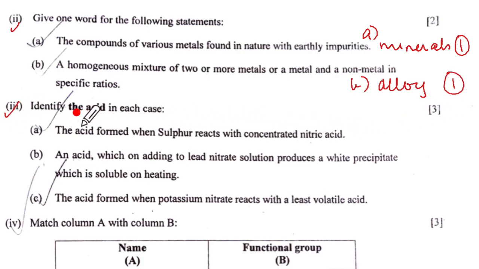The third question, identify the acid in each case. A tells you the acid formed when sulfur reacts with concentrated nitric acid. Now sulfur gets oxidized by nitric acid not just to sulfur dioxide but to H2SO4. So your first answer is sulfuric acid.